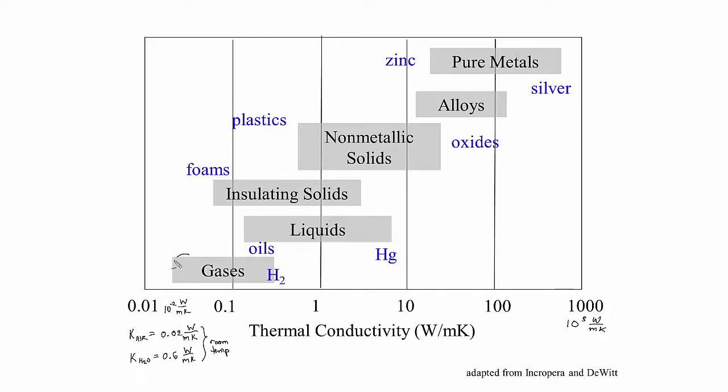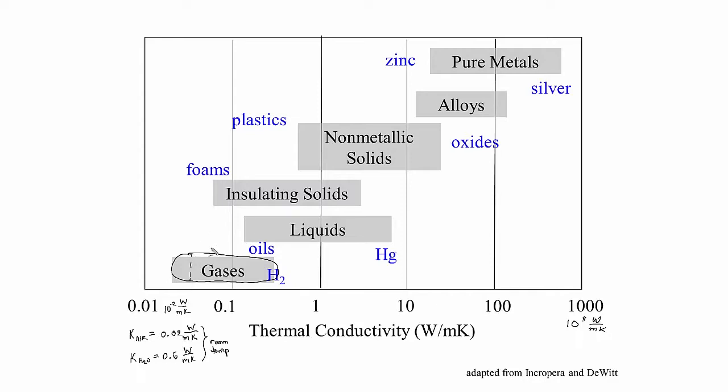Not surprisingly, gases have the lowest thermal conductivity. The smaller the molecule, the faster the molecules bounce around and the higher the thermal conductivity. So hydrogen has a relatively high thermal conductivity. We said that air was over here at about 0.02.